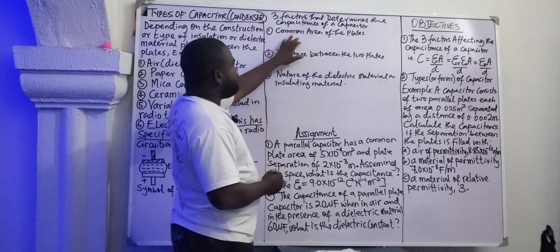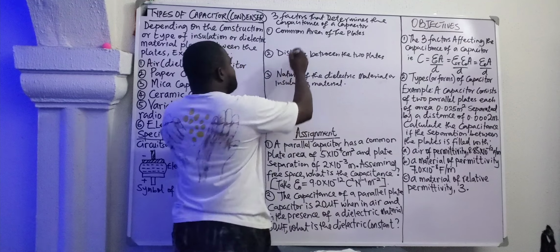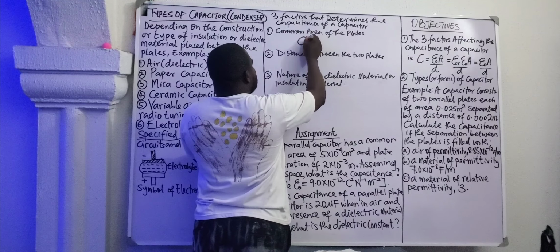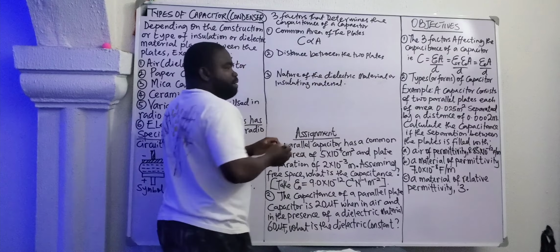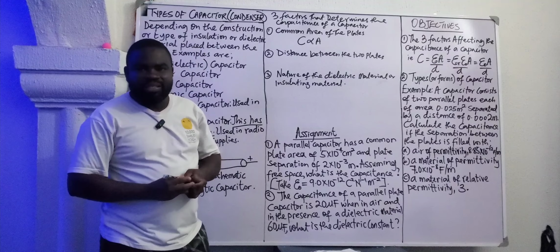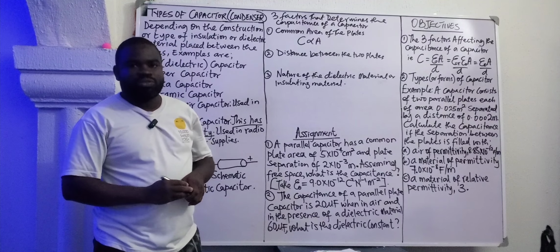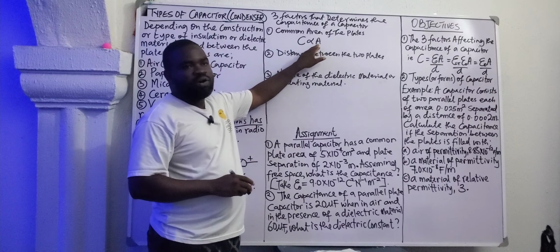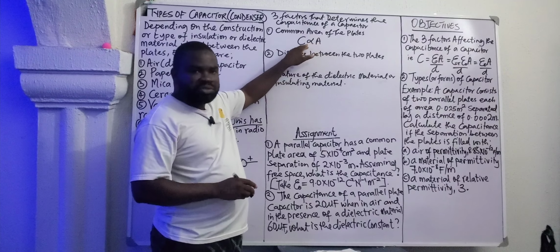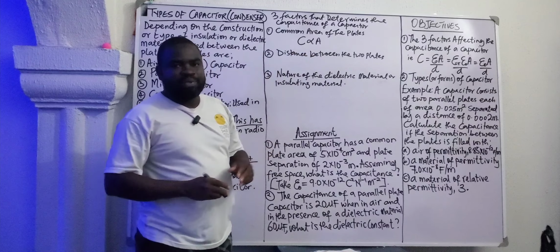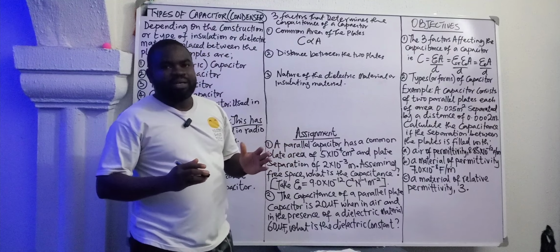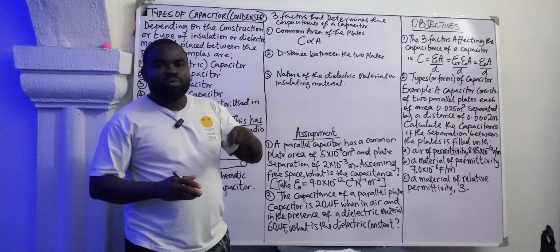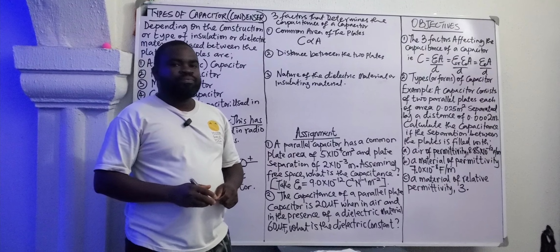Firstly, the area of the plate. The capacitance of a capacitor increases with increase in the area of cross-section of the plate. Take note, an increase in the area of the plate increases the capacitance. What does that mean? It means with a bigger area, you will be able to store more charges in the capacitor.